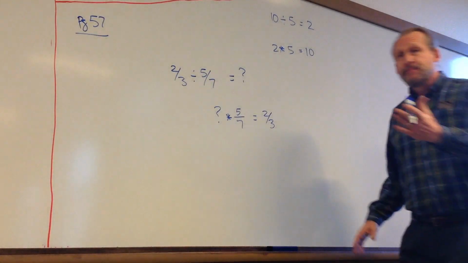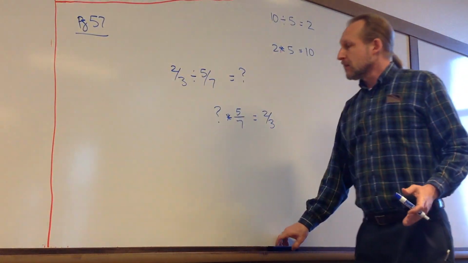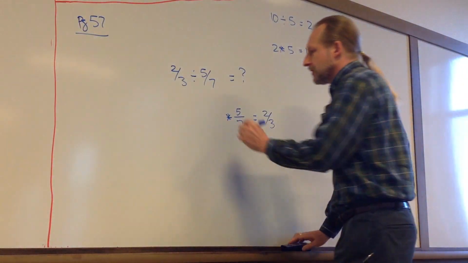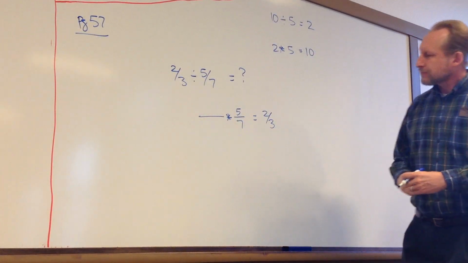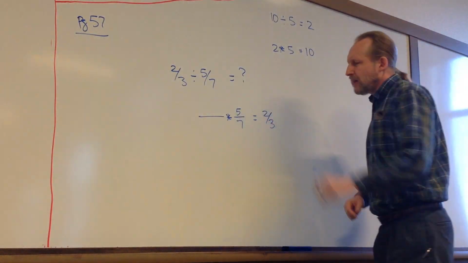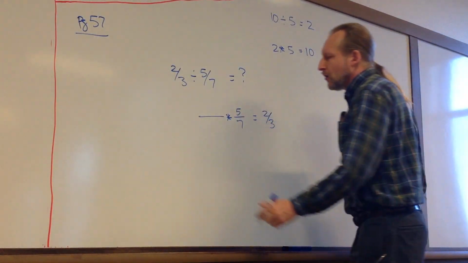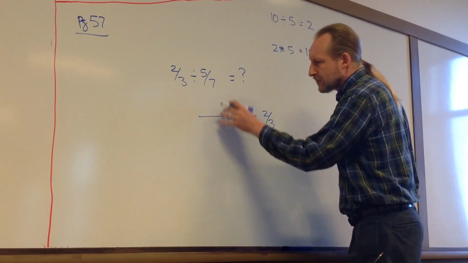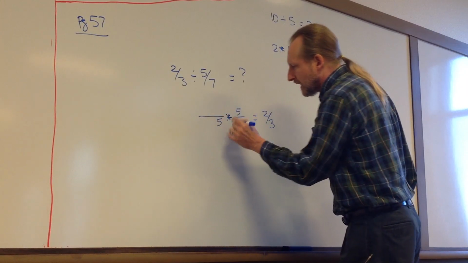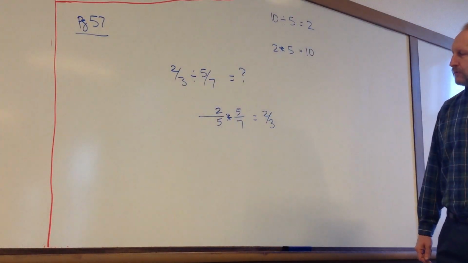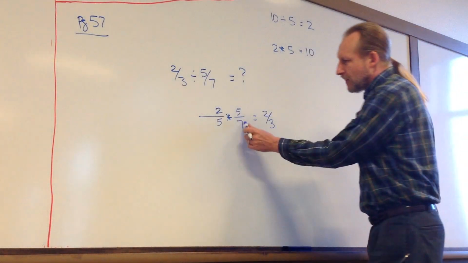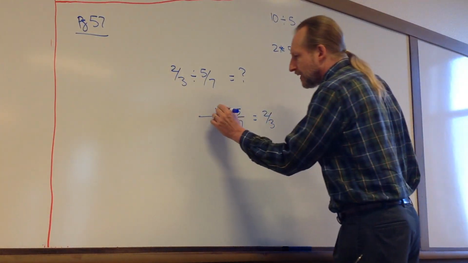Okay, well, let's build an answer here that replaces this question mark. Well, the idea here is that we need to replace this 5 with a 2, so part of what this answer is going to be should cancel out the 5 and then replace it with a 2. And then also we want to cancel out the 7 and replace it with a 3.